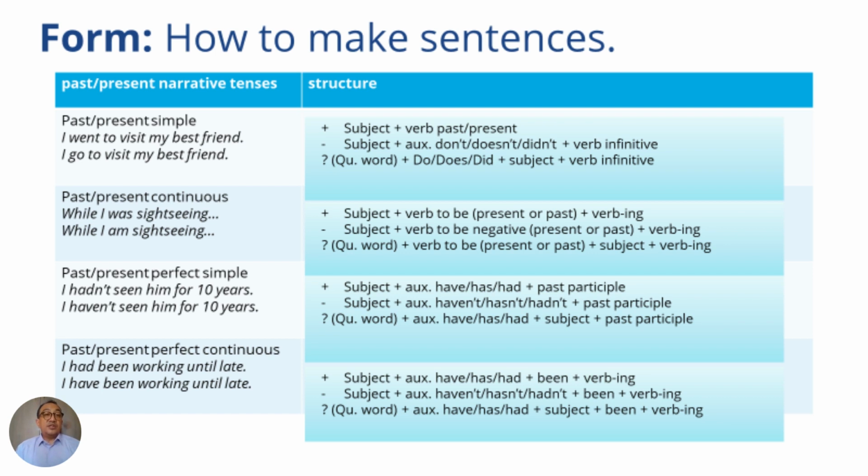So you know the structure, like I went to visit my best friend in the past simple, and then while I was sightseeing, that is in the past continuous, and then past perfect simple I hadn't seen, and then past perfect continuous I had been working until late, and the structure you can see.